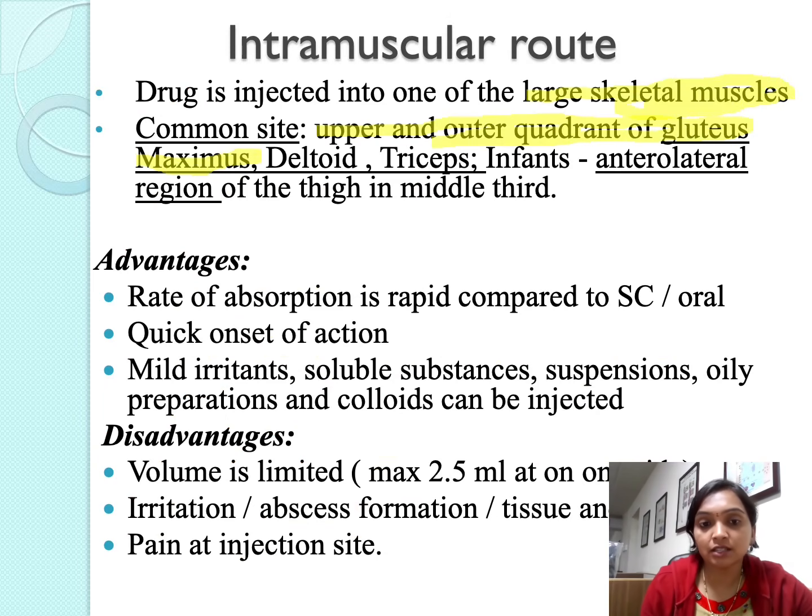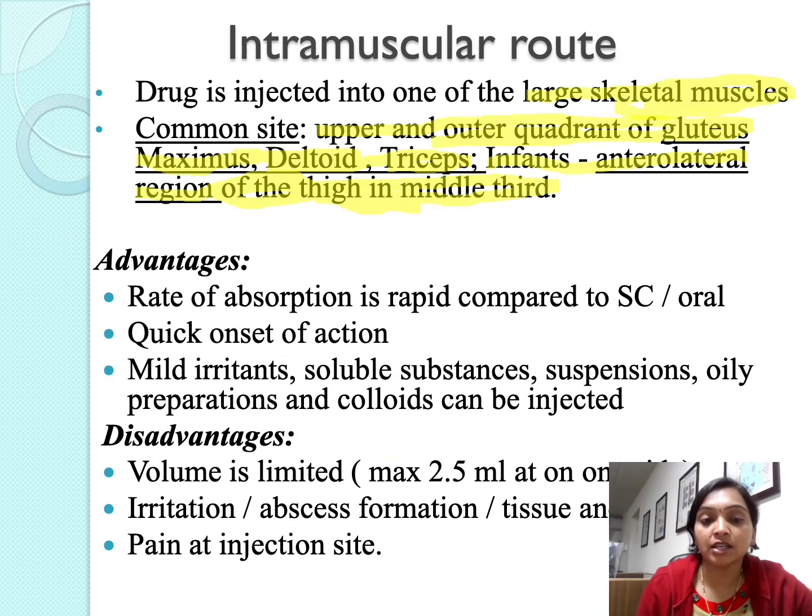In the arm, it is into the insertion of the deltoid and triceps. These are the common muscles which are used. In infants, we have one more site, that is the anterolateral aspect of the thigh. In the middle third region, we usually give IM injections, mostly vaccines. The DPT vaccine is most commonly given through the anterolateral aspect of the thigh.